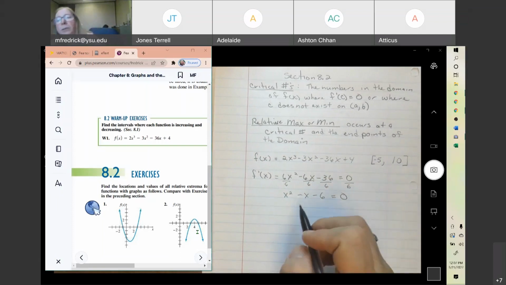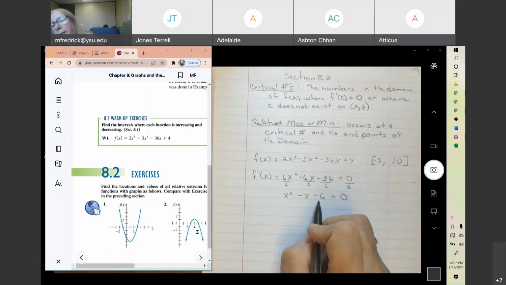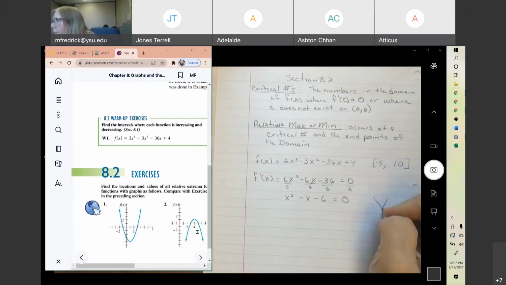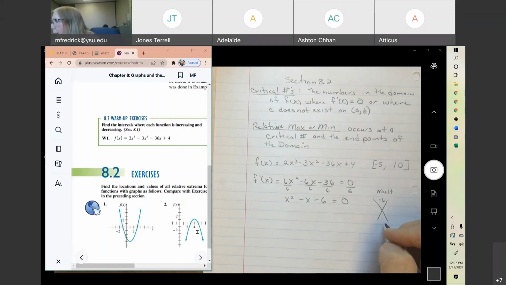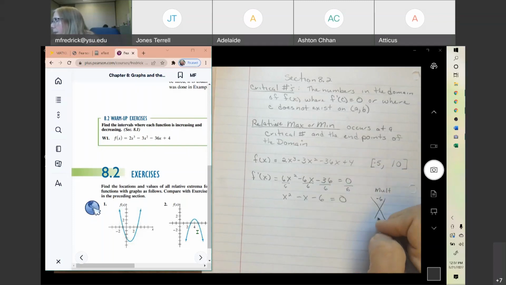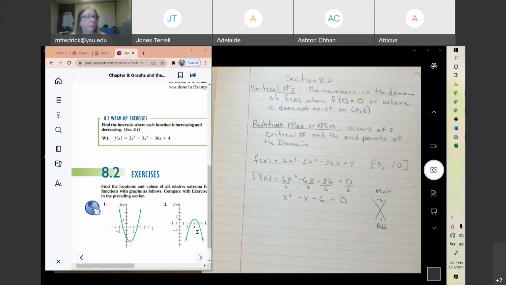So we need two numbers that when we multiply, we get a negative 6. And when we add, we get the middle one, which is a negative 1. Anyone?